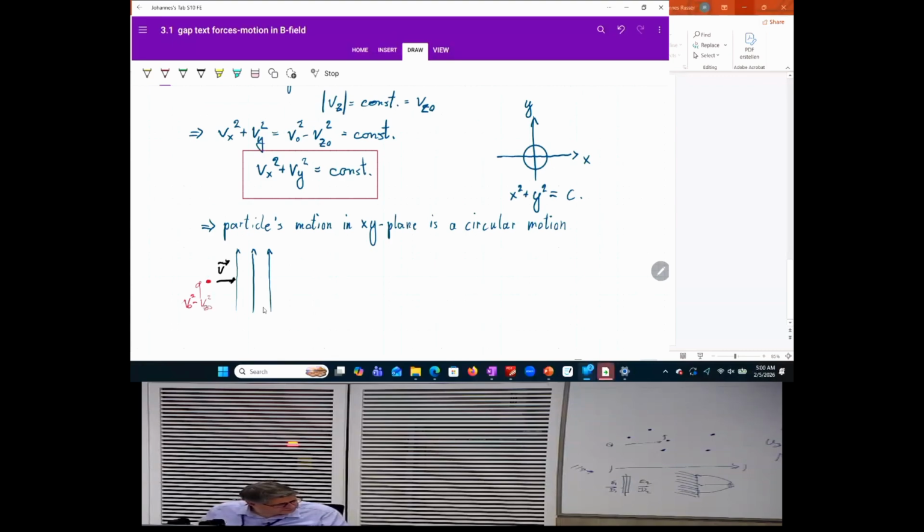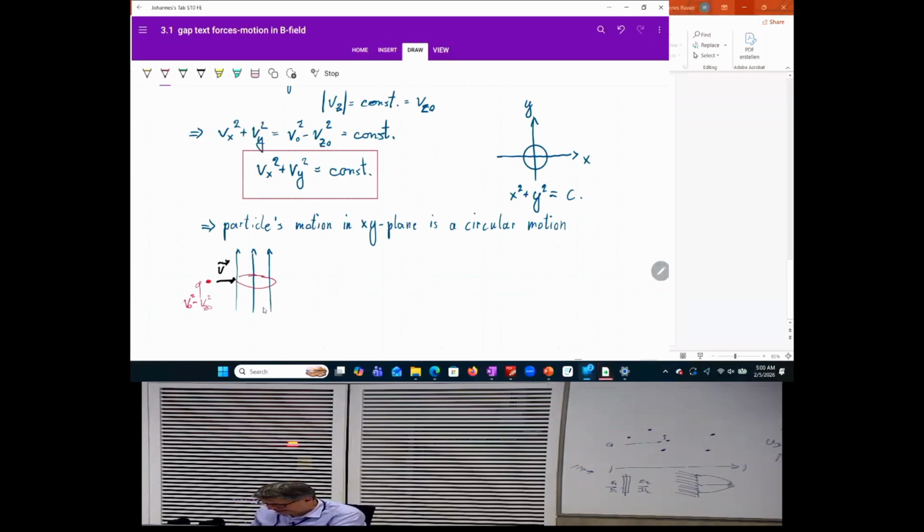You take the square root of that again. Then this will give you the velocity component in the plane perpendicular to the B field. For the detailed solution, because it's a bit more lengthy, you have to look into the notes. But I want to reason for you how this will look.